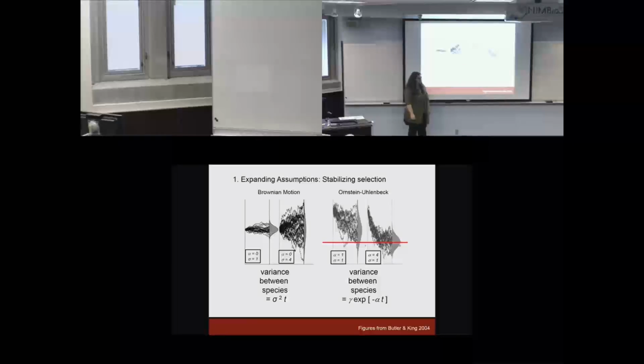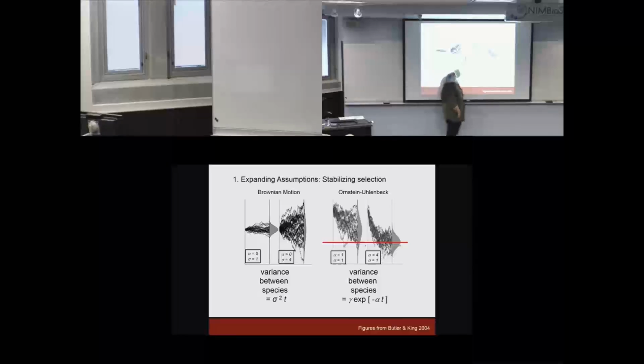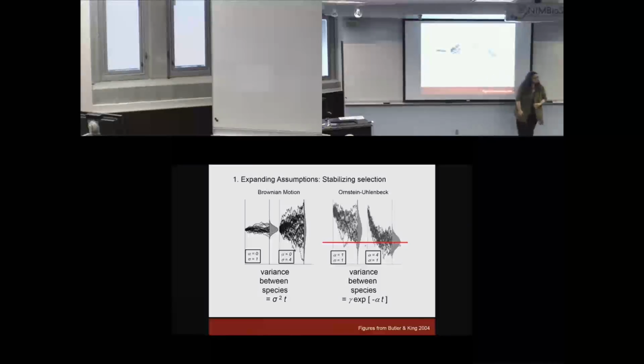Yeah, but I mean, on the y-axis there we have a phenotype, right? So the starting point is somewhere up there in terms of the value of the trait. So if the optimum was right there, if the stabilizing selection was centered at that phenotype, how would that work?